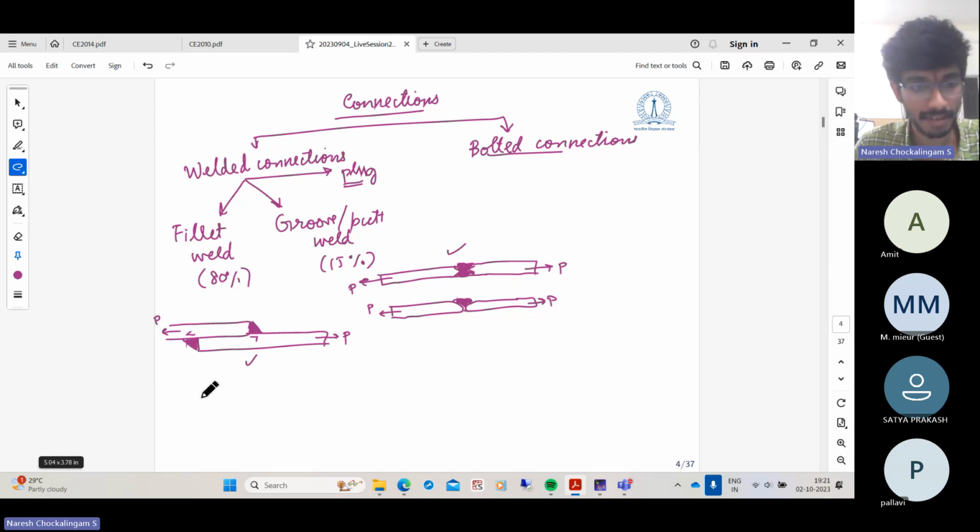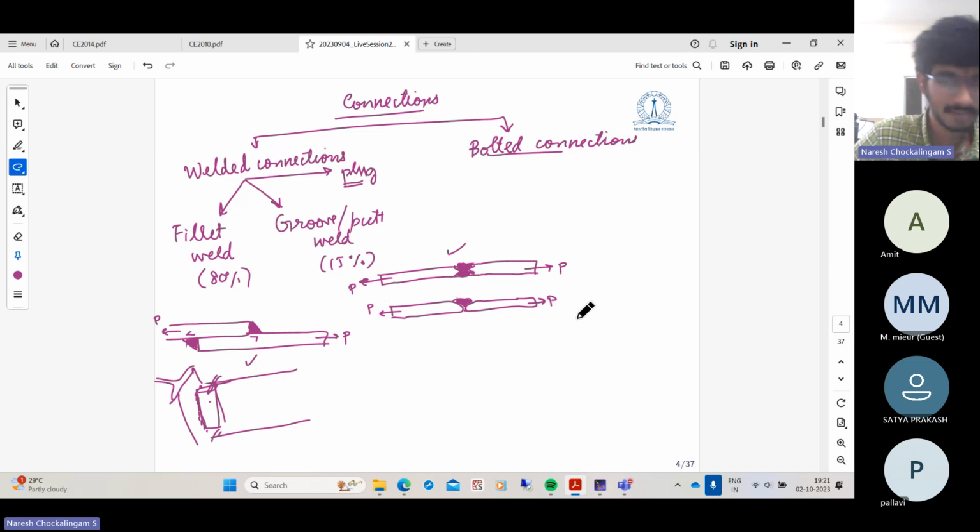T joints occur when you want to connect something to a column. You want to connect a beam to a column, you get a T joint. So this may be the face of a column, and the beam is connected to it. So this is a T joint, if it is welded.